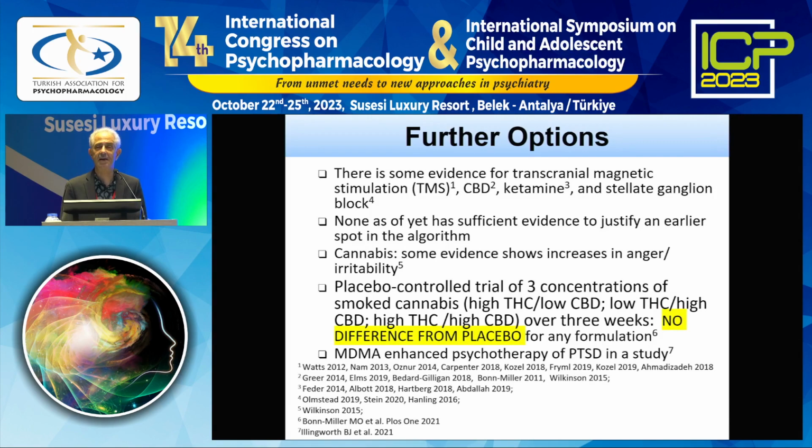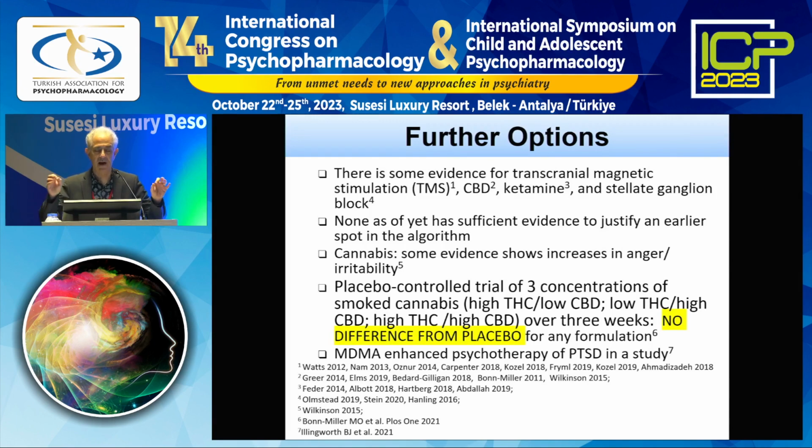And as far as cannabis goes, which I know is very popular out there among our population of veterans as a treatment for their PTSD, I'm very impressed with how it's not doing well in the placebo-controlled trials. For example, this study by Bonn-Miller and colleagues 3 years ago, they looked at 3 concentrations of smoked cannabis versus a placebo-smoked product.